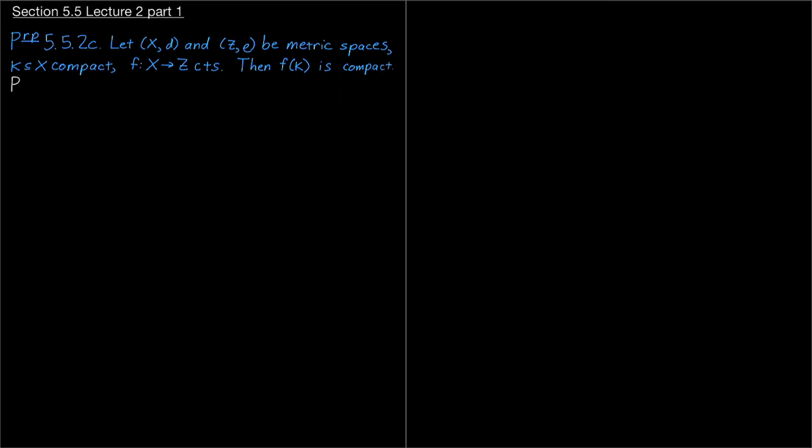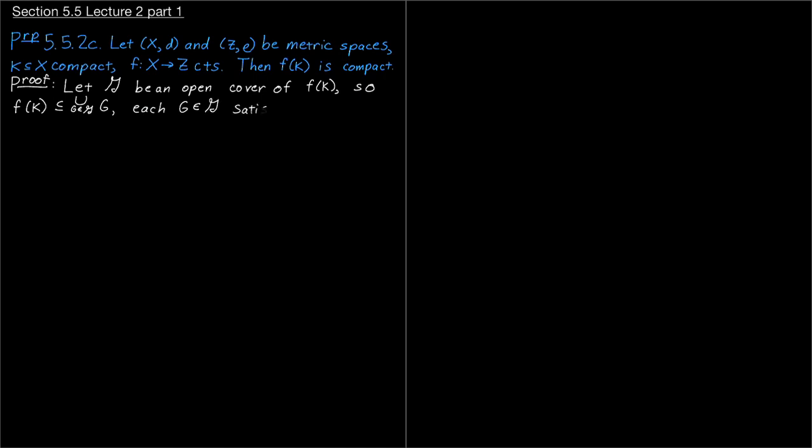And the proof, let's write that out. Let G be an open cover of f of K. Remember that means that f of K is contained in the union of all the sets in our collection G. And each G in our cover is an open subset of Z, so G had better be open.